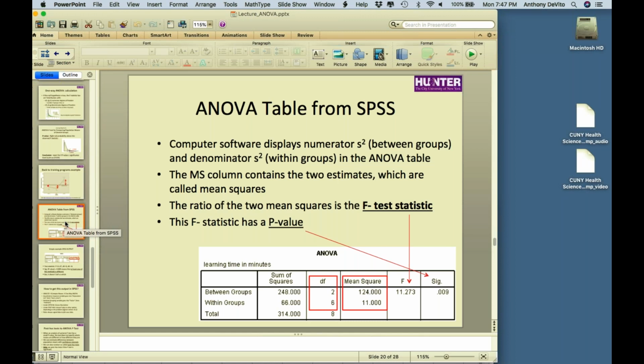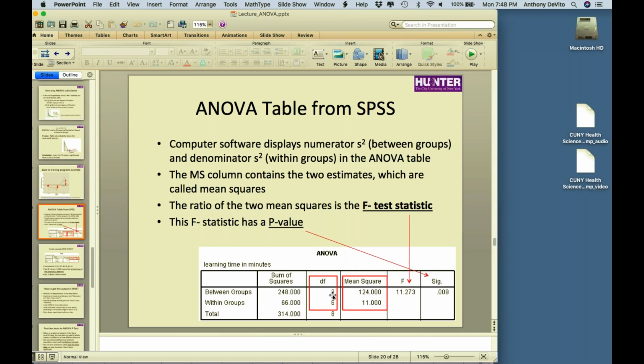Okay, now if we do this test using SPSS, which is typically how we're going to do this test, SPSS is going to produce a table. That table is going to give us the sum of squares between the groups, just as we calculated in Excel, and the sum of squares within the groups.